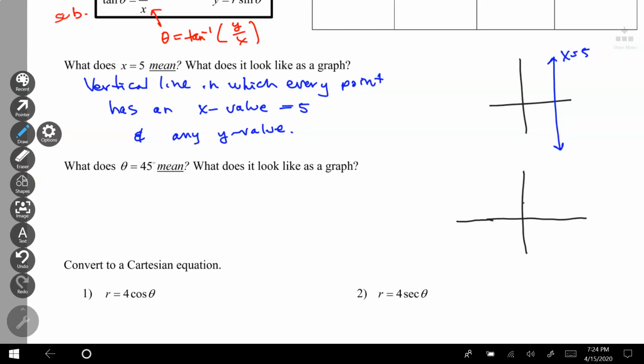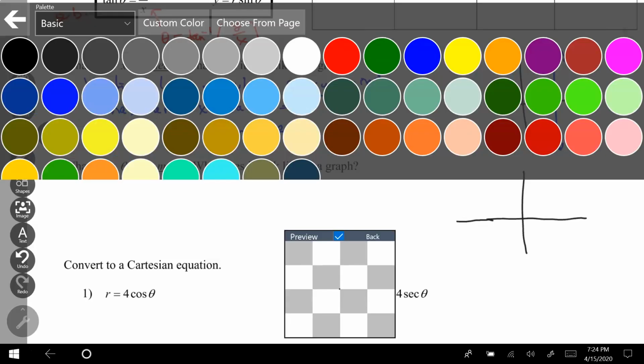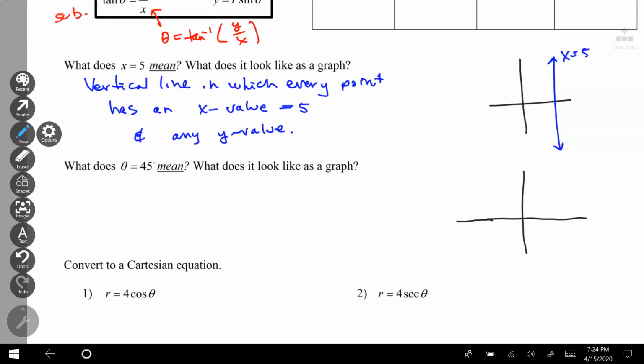The polar grid really looks like this. It has kind of this dartboard grid to it, with these angle lines all over the place.